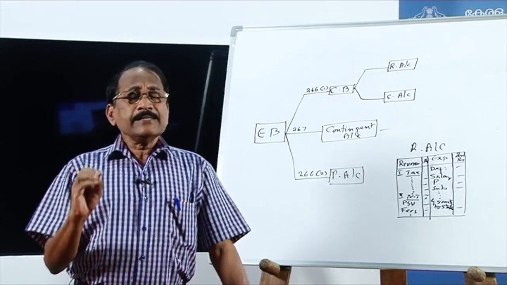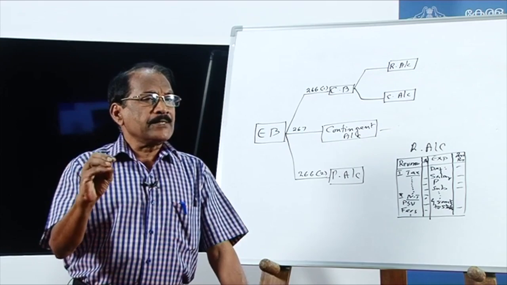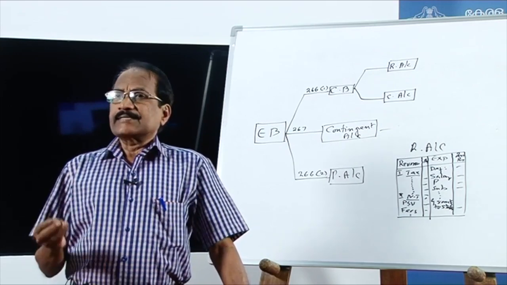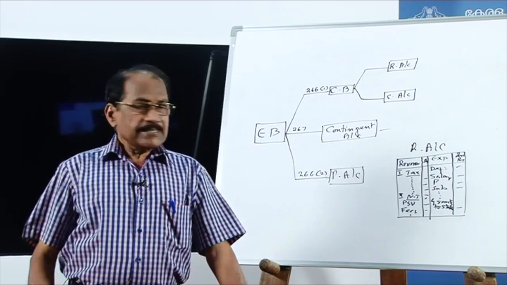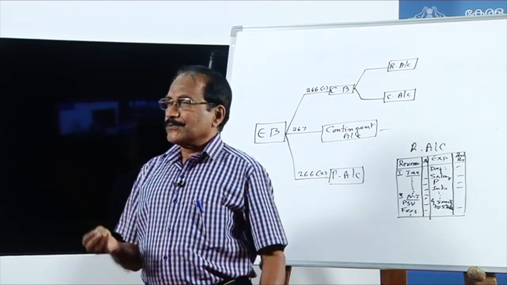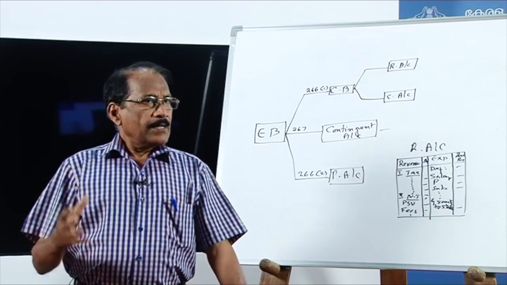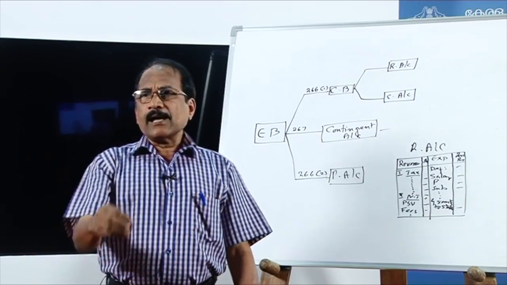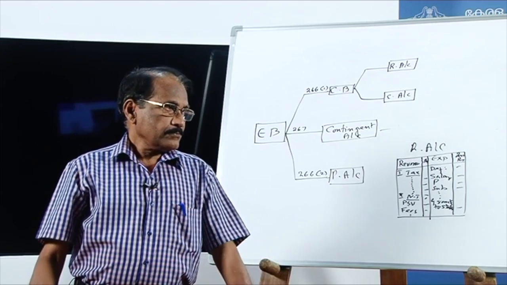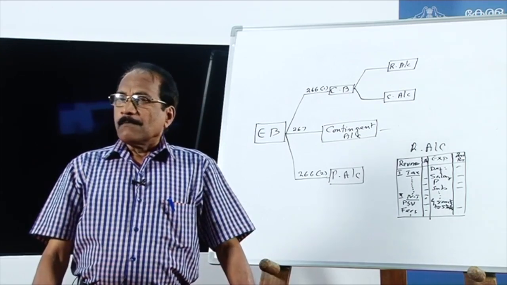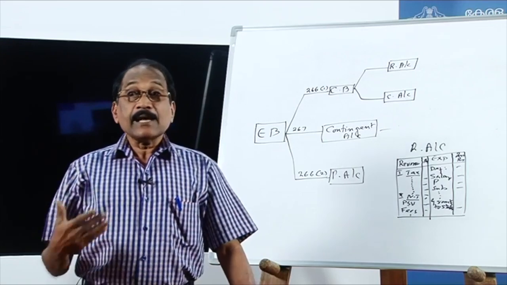Because it is a grant. It is a grant given by the central government to the state government, just like a father giving pocket money to the son. Central government is giving grant to the state government for any purposes. But the amount is not returned, it is a grant.